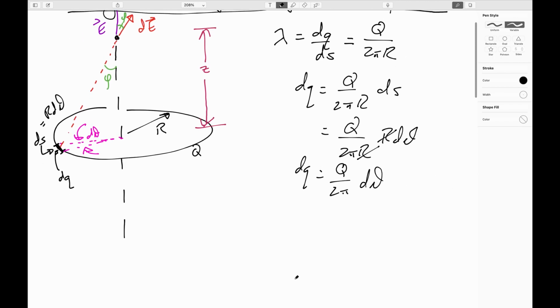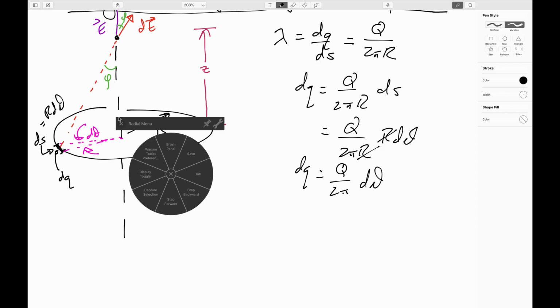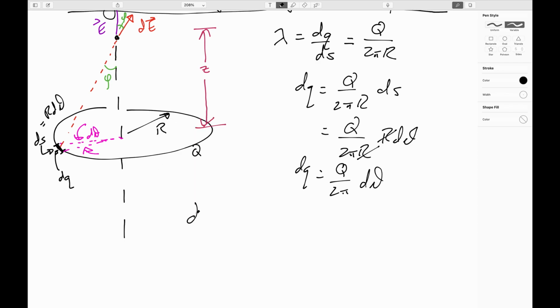All right. Well, dE will be equal to k, or 1 over 4 pi epsilon naught, dq over this distance right here squared. Well, this distance right here is the square root of r squared plus z squared.